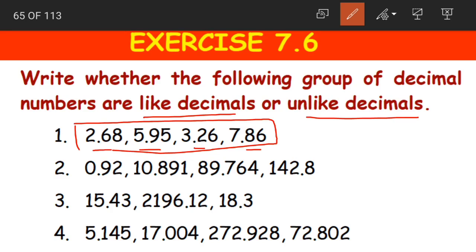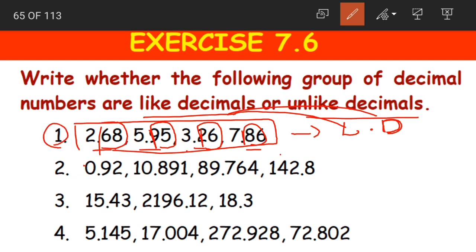All the four numbers have the same number of decimal places, that is 2. I am writing LD here, L for like and D for decimals.